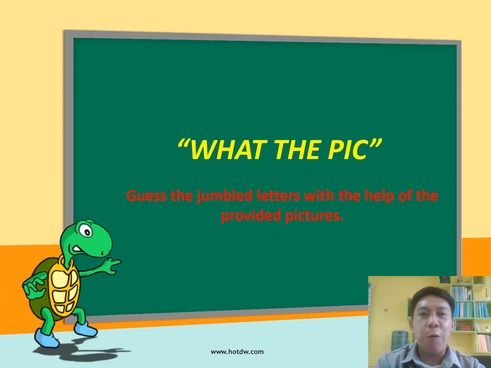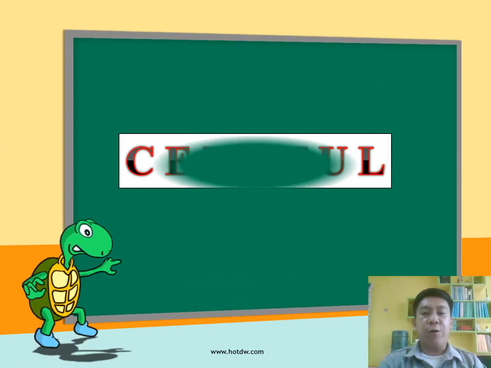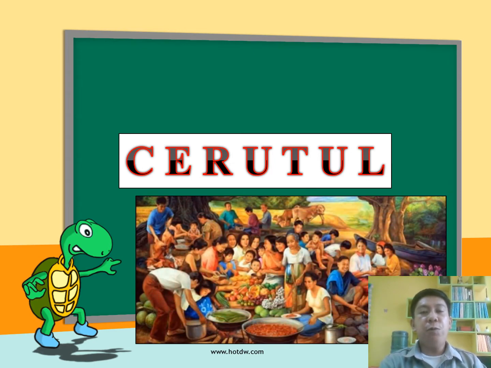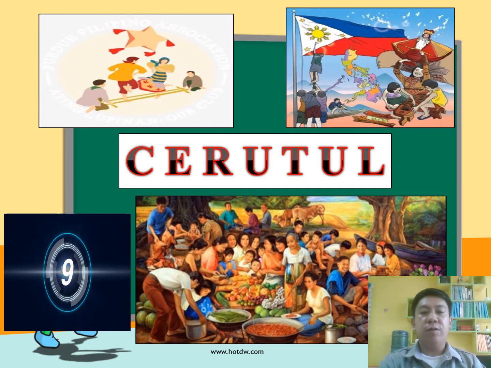Before we start our topic, let's have this activity. What the peak? Guess the jumbled letters with the help of the provided pictures. Here is our first jumbled letters, and here are the pictures that will help you to decipher what is that word.